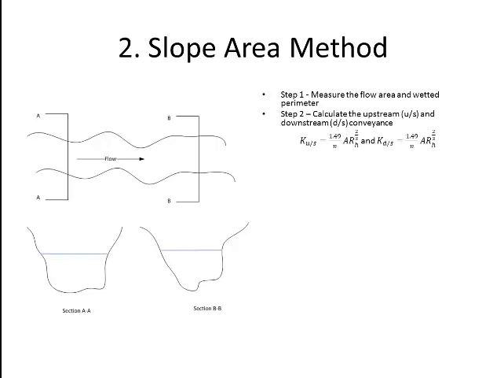Next, we're going to calculate the upstream and downstream conveyance, which is 1.49 divided by the Manning's roughness times the cross-sectional area multiplied by the hydraulic radius raised to the 2/3 power. Next, we're going to calculate the composite or overall conveyance, which is multiplying the upstream and downstream conveyance and square rooting it.